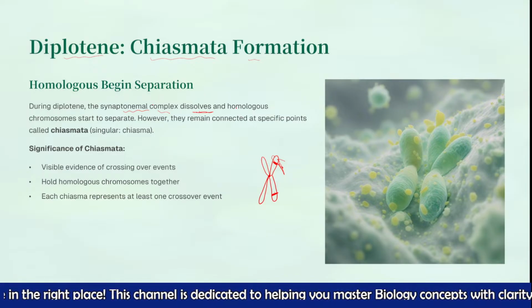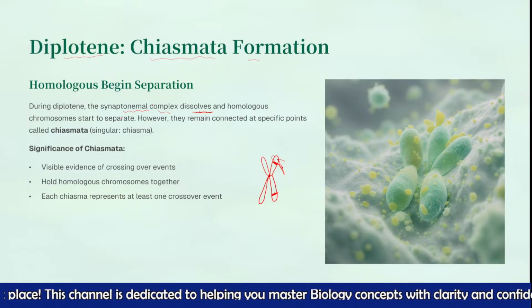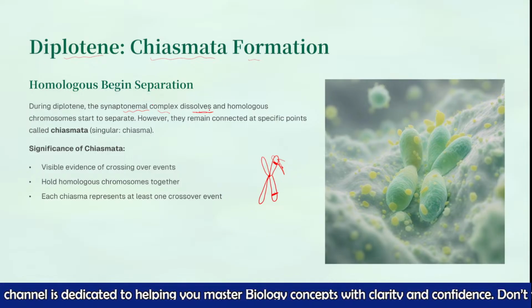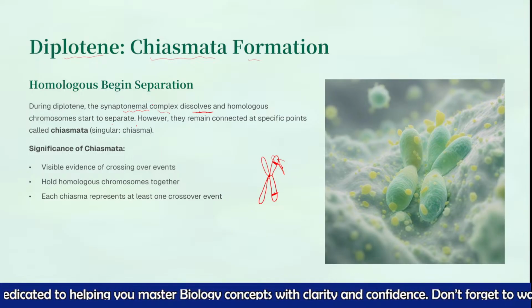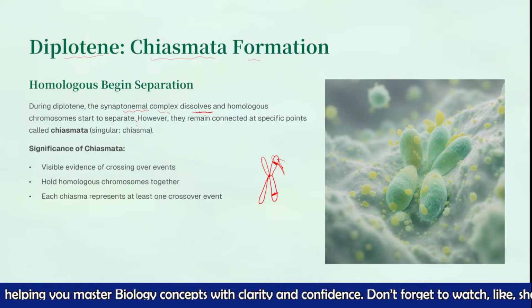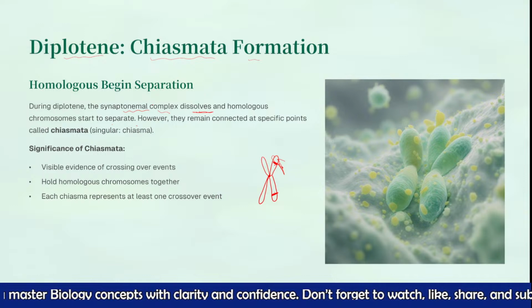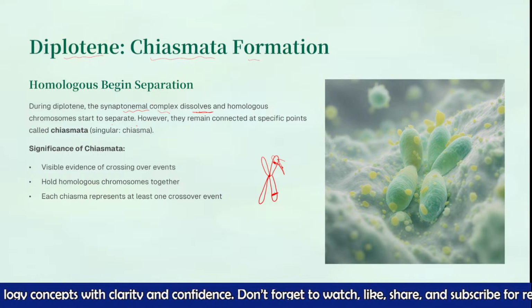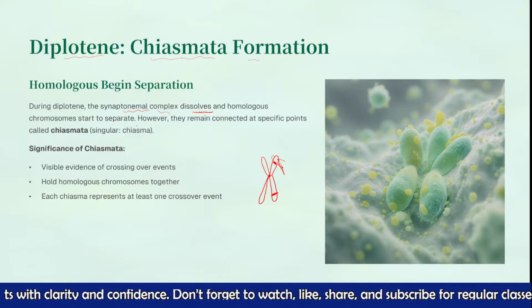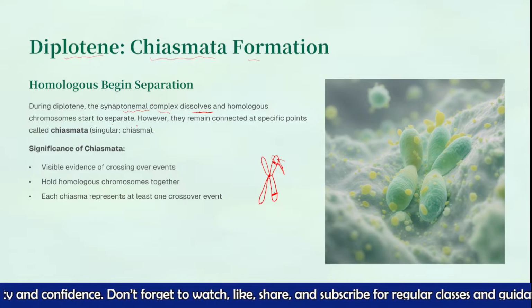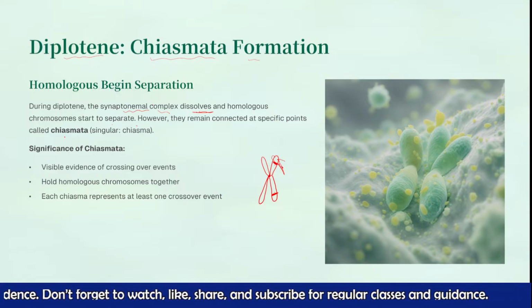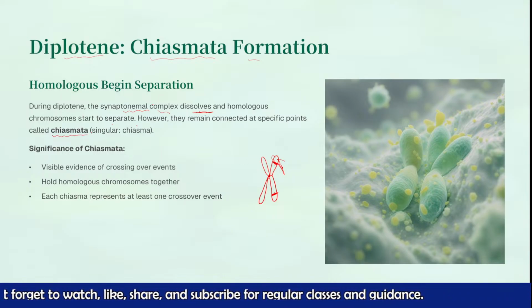After the dissolving, what happens? Definitely the homologous chromosomes start to separate. When they are separating, there is a specific place where the crossover already happened. That region still remains, and that region is called a chiasmata.